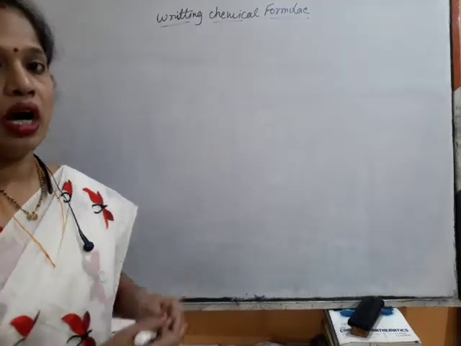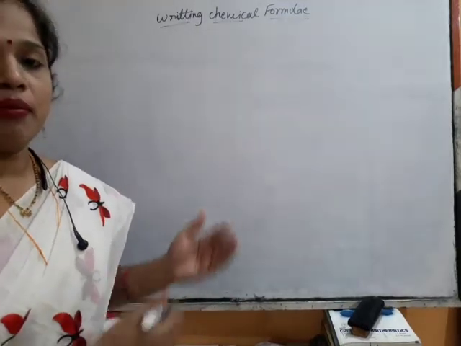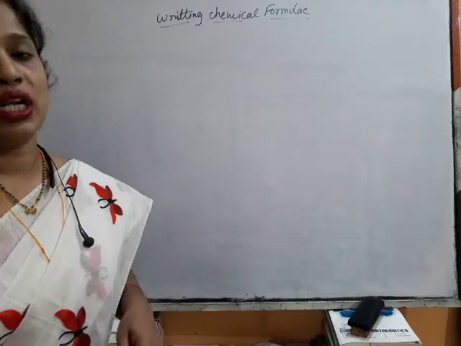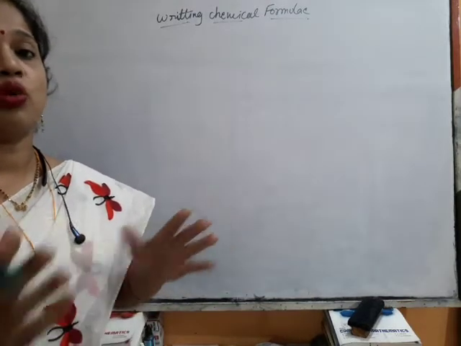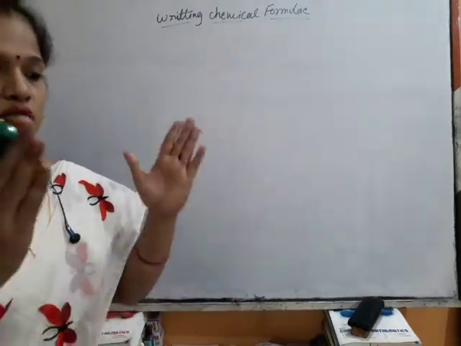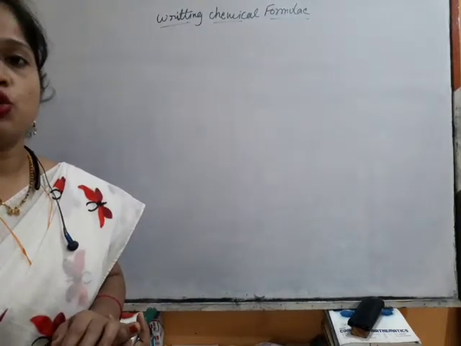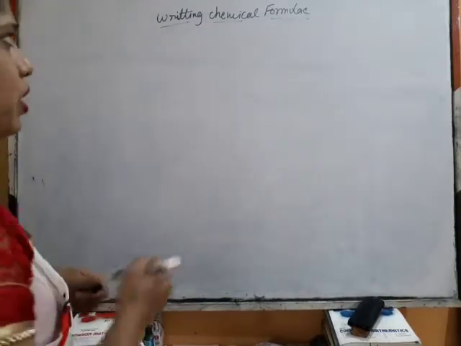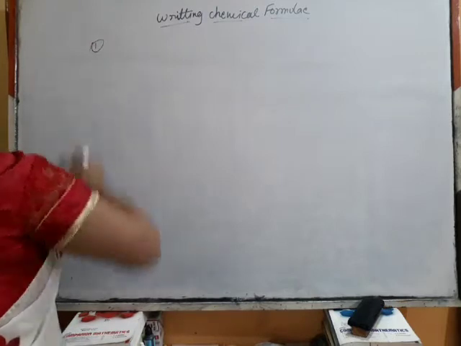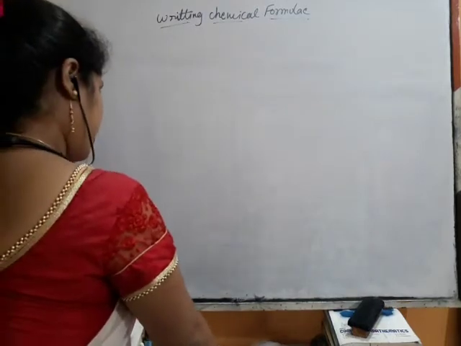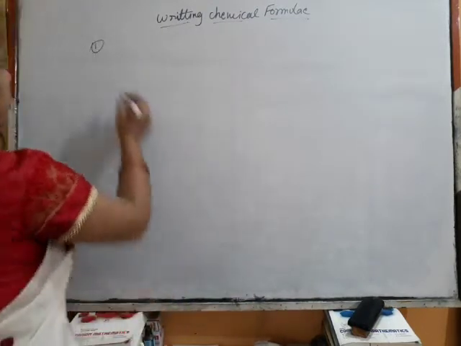So how do the valencies of both ions neutralize each other to form a compound? Let us see. The first topic is the chemical formula of simple molecular compounds.